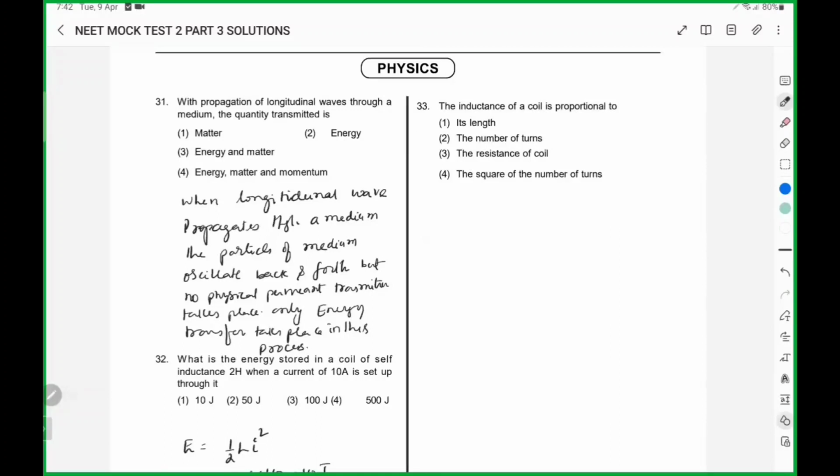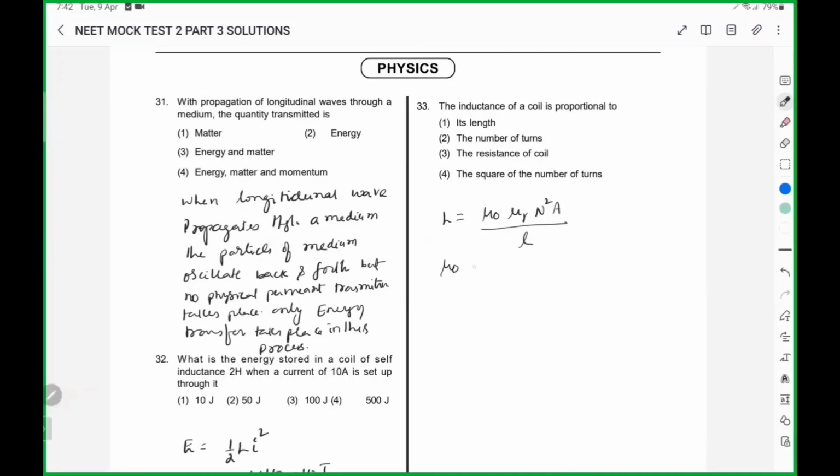So the inductance of the coil is proportional to, here, the formula for finding inductance of a coil is L equal to mu naught mu R n square A by l.